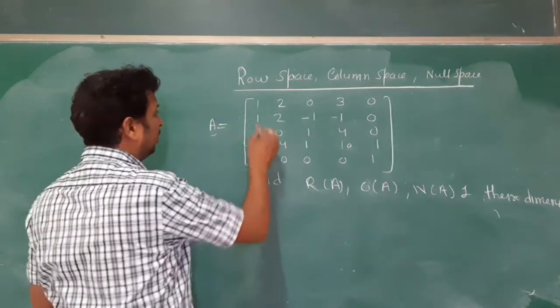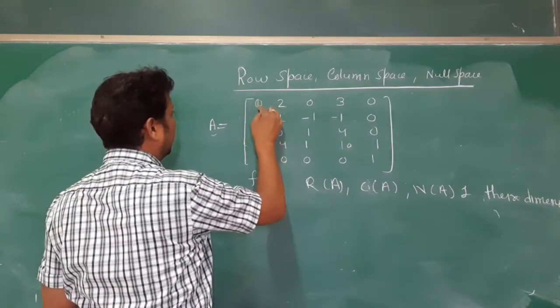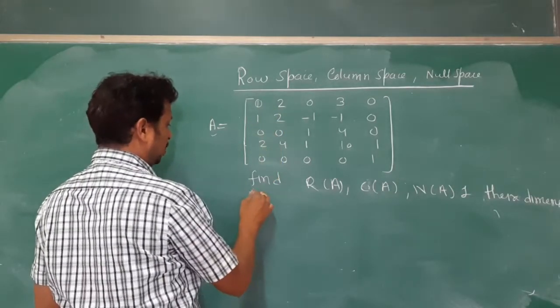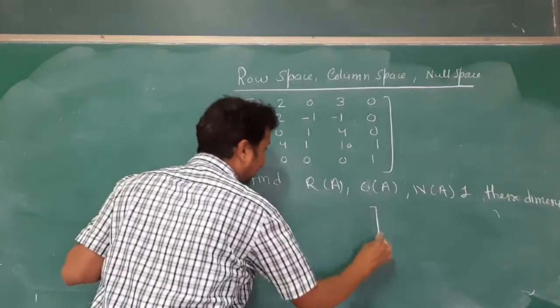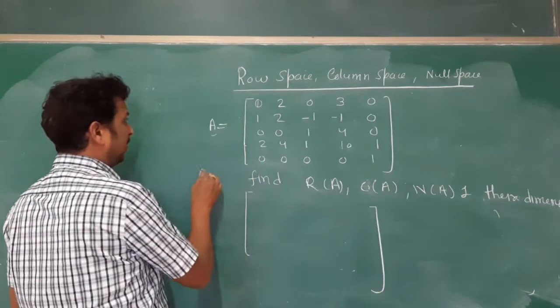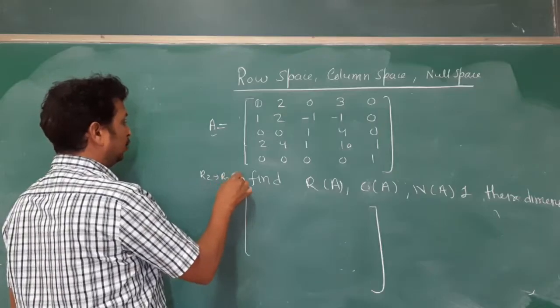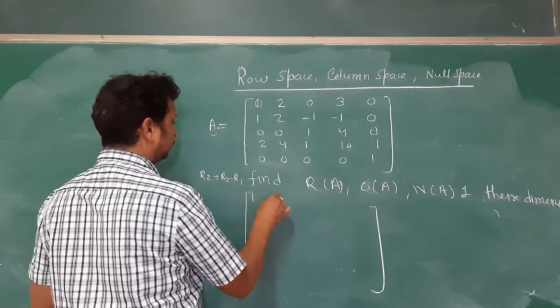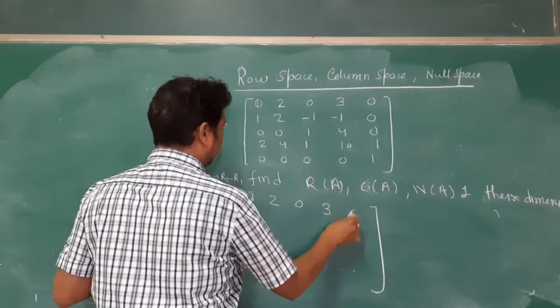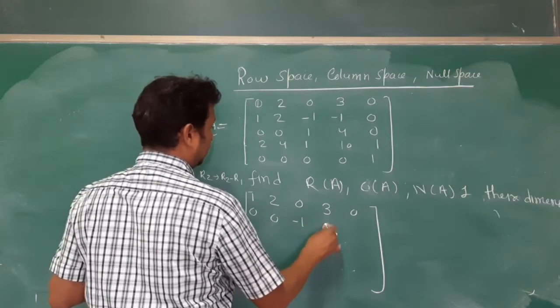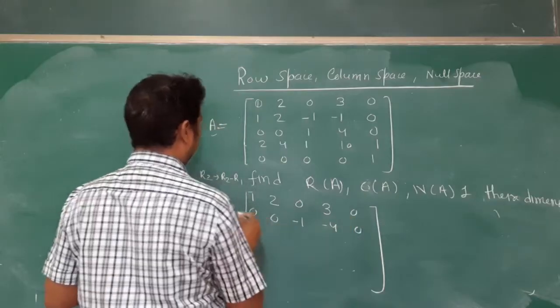What is echelon form? First make this leading entry 1, it is there. Make this one 0, this one 0, meaning all entries below it are 0. So what we are going to do? R2 changes to R2 minus R1: 0, 0, minus 1, minus 4, 0.